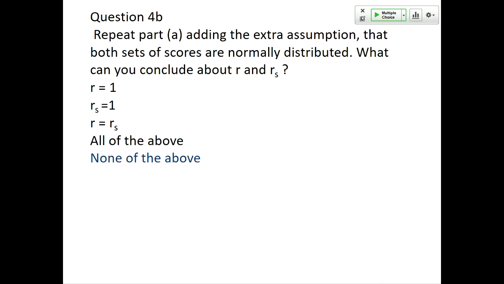You take two sets of normally distributed scores like SATs or ACTs, and they have the same average and the same standard deviation. Once you change them to z-scores, they always have an average of 0 and a standard deviation of 1.